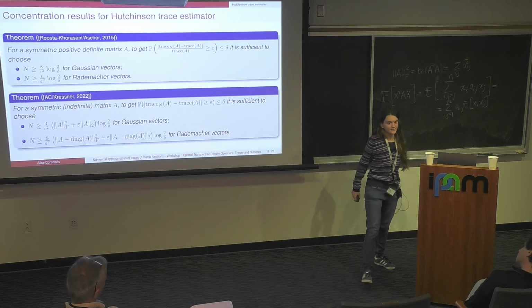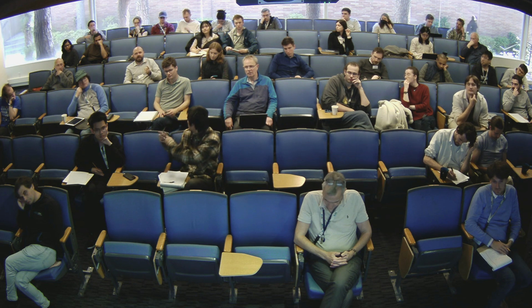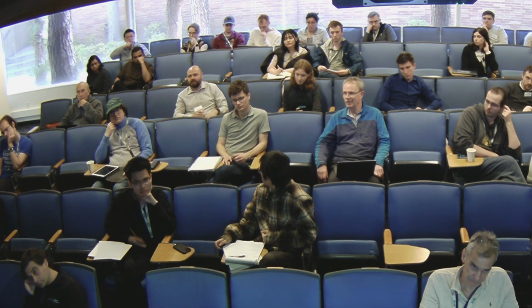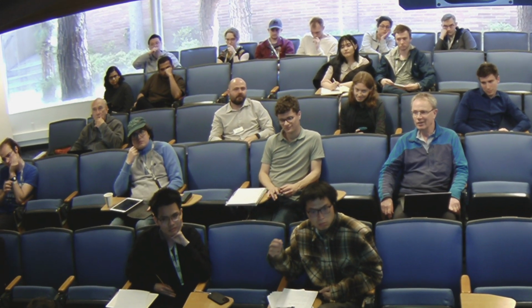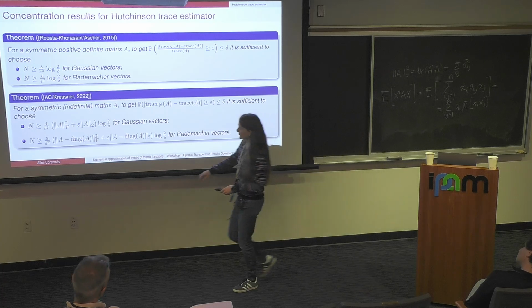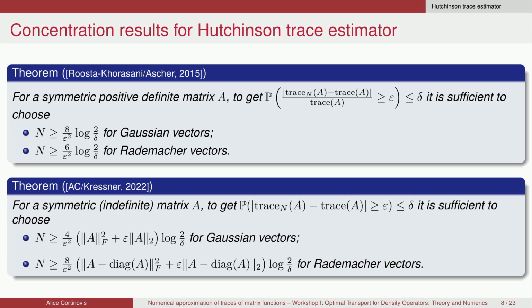Yes? Sorry, I'm not a mathematician, so it's probably a very stupid question. Go ahead. Why is there not a dependence on the size of the matrix A? Okay, I understand how that can be puzzling, but it's somehow encoded in here. Think about the identity matrix, maybe the simplest one.